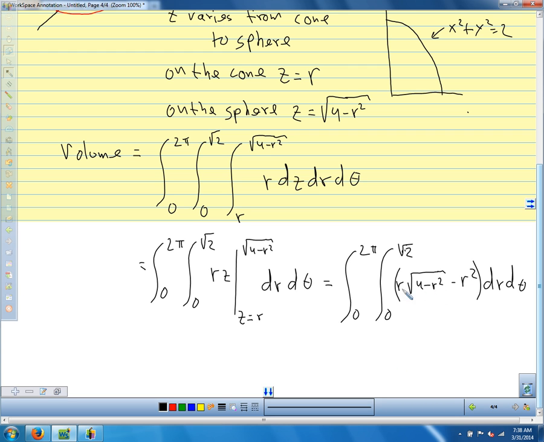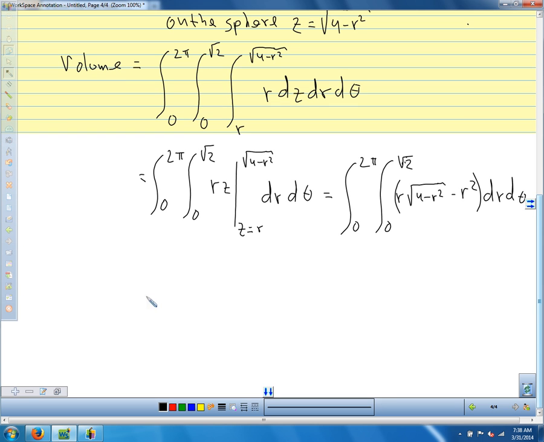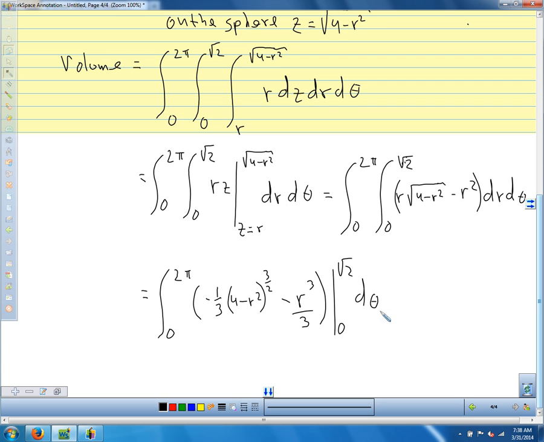Nice, we end up with a nice u substitution here, and this is a nice easy integral to evaluate. So we end up with the integral from 0 to 2 pi of, when we evaluate this, minus 1/3 times 4 minus r squared to the 3/2, minus r cubed over 3, and we're evaluating that on 0 to square root of 2, d theta.